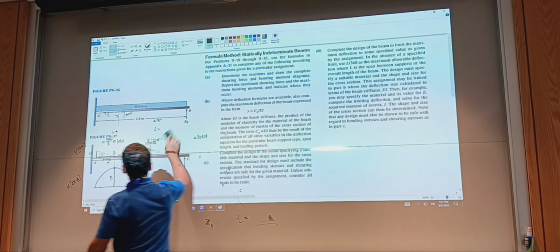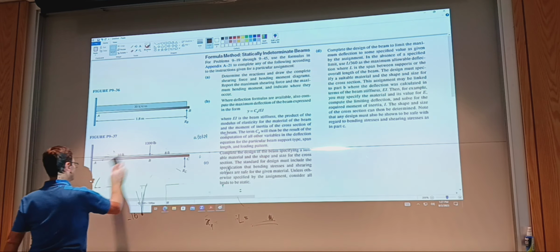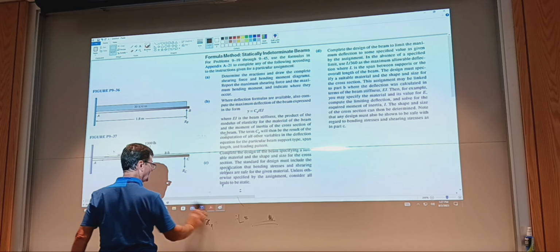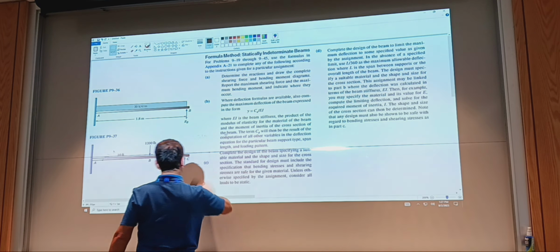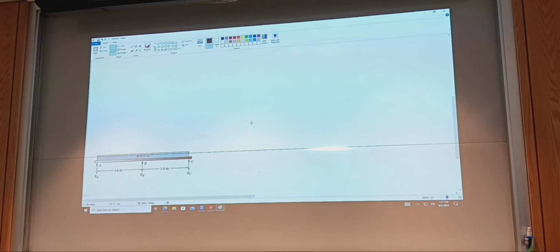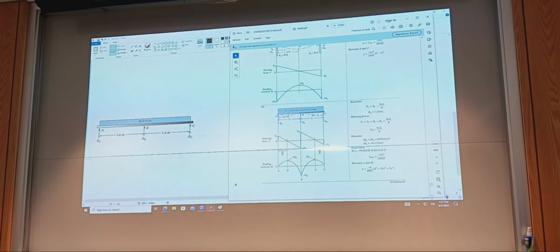This problem was documented as a statically indeterminate continuous beam, it's called, but it could be analyzed using principle of superposition, so of two statically determinate cases.